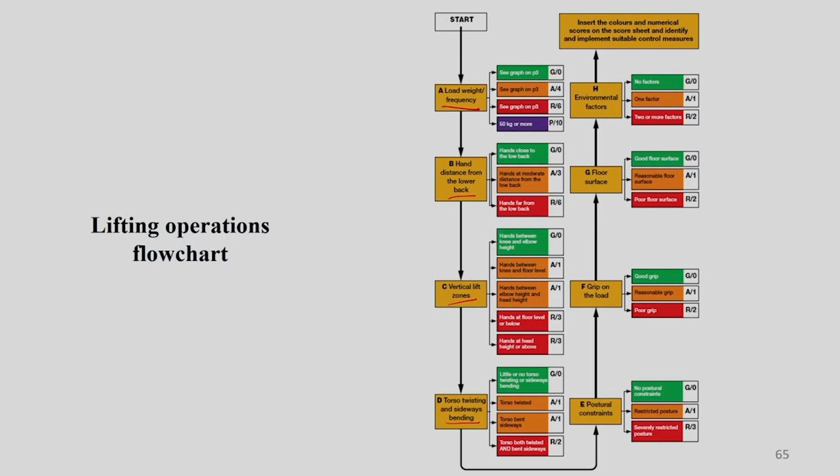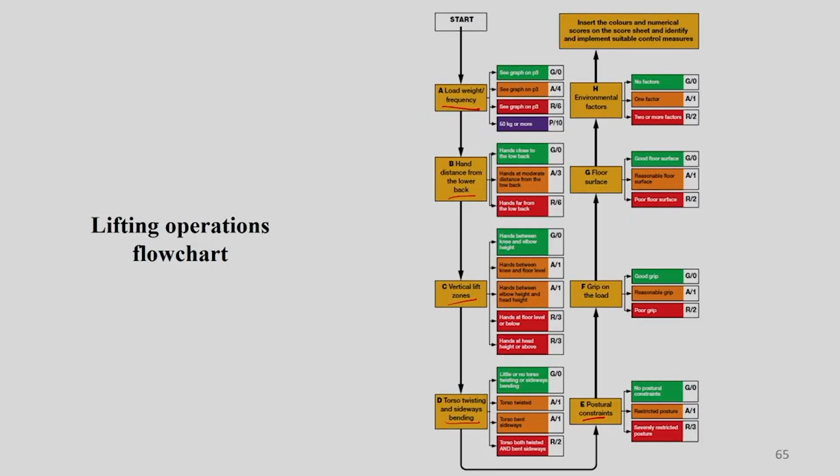So twisting and bending, this is D. Postural constraint: where there are difficulties in movement, you have restriction in movement. Maybe you have some PPE or the position is such that you cannot move. So, that is the postural constraint.